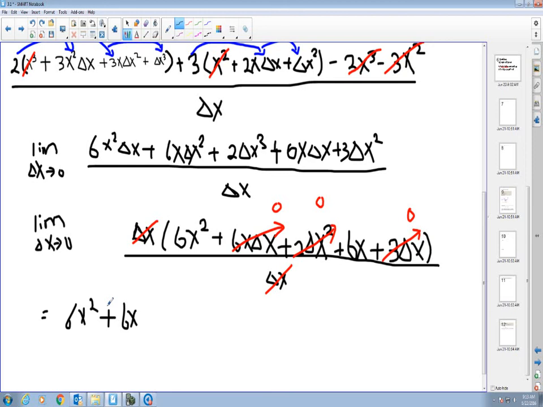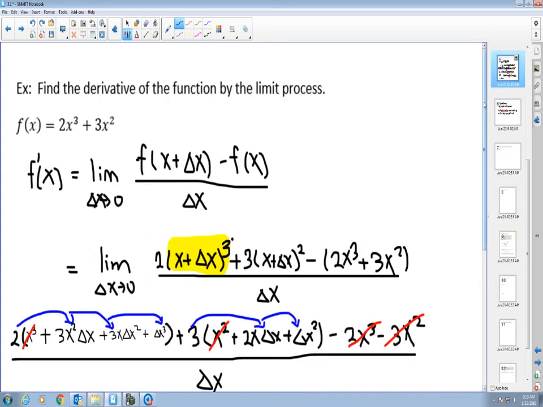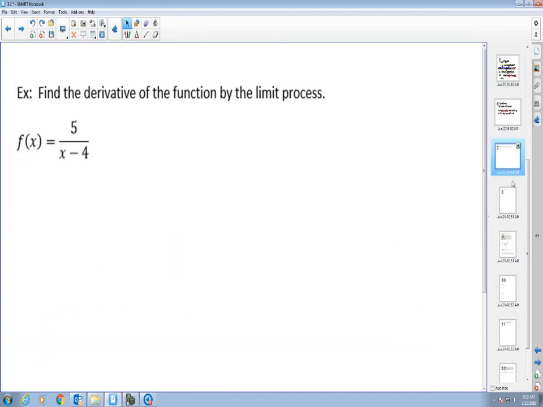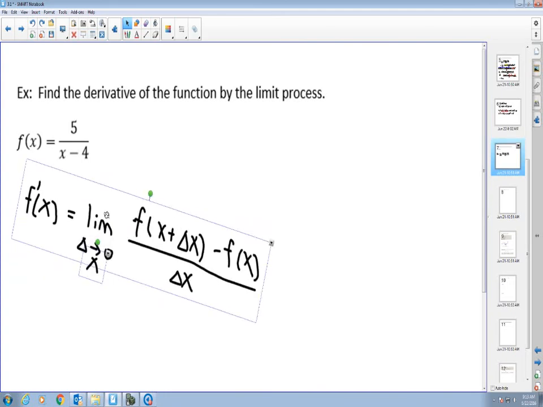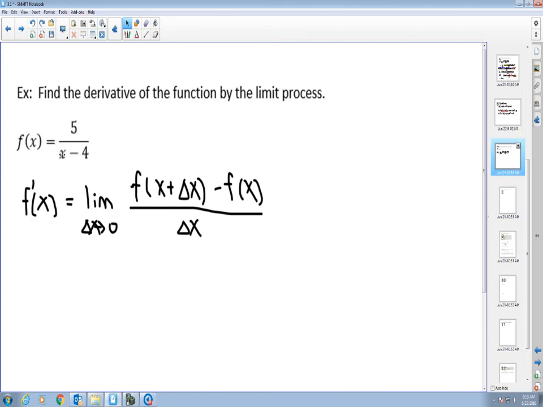All right, that one was a lot of work. Let's try another one. All right, same process. Find the derivative of the function by the limiting process. I've got to start off with my definition here. So I've got to substitute x plus delta of x for every x I see in my function.